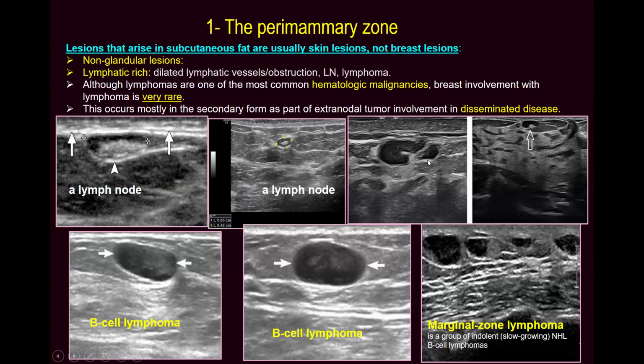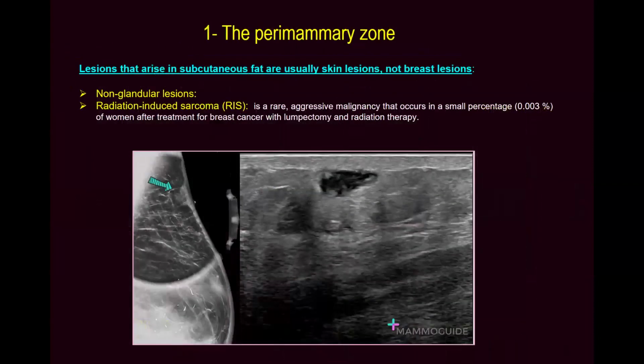Here, this is a 22 megahertz transducer, but definitely these are abnormal lymph nodes. See, in a case of lymphoma, this is a lymphoma. Though lymphoma in the breast is very rare, and when it's seen, it's mostly secondary or disseminated disease, not a primary lymphoma.